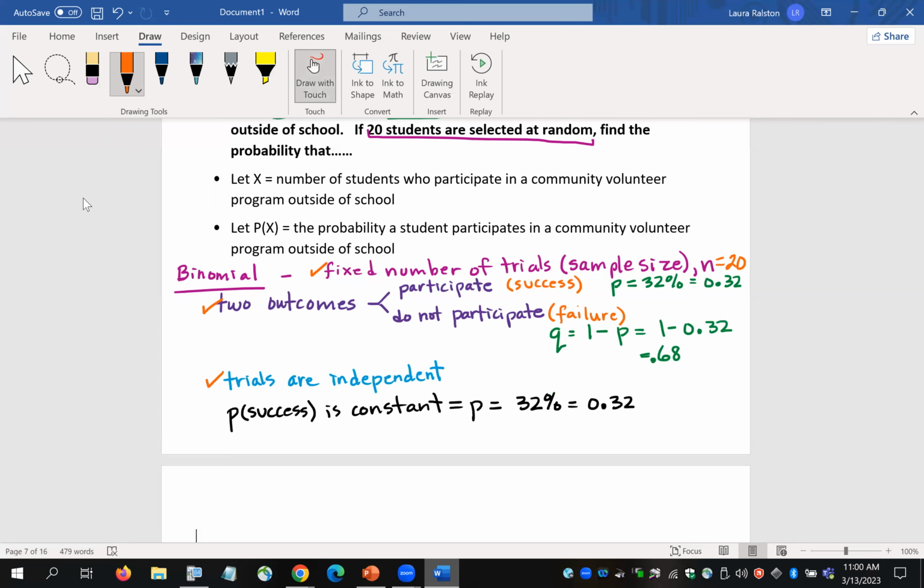So I have met all 4 conditions for being a binomial experiment. Now, it may not literally ask you those questions to verify it. It may indicate that it is a binomial experiment. But again, it helps me to identify those pieces to make sure that I have a binomial experiment.